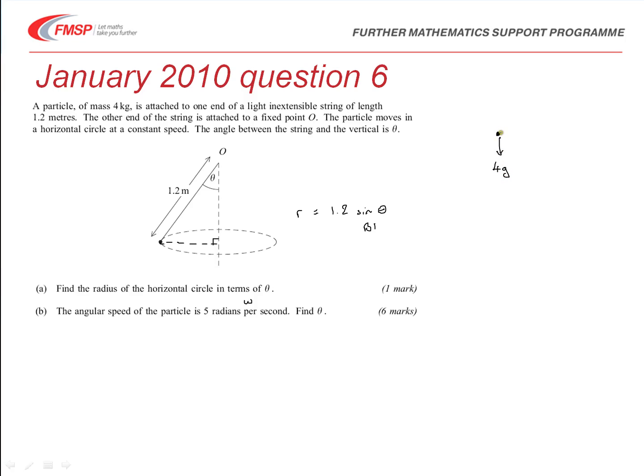And we know that the thing that's holding it in place is this tension in the string, T. Bearing in mind this is at an angle of theta. And so we know that vertically resolving, the forces must be in equilibrium, and horizontally the forces contribute towards the force towards the centre of the circular motion, which maintains that circular motion.